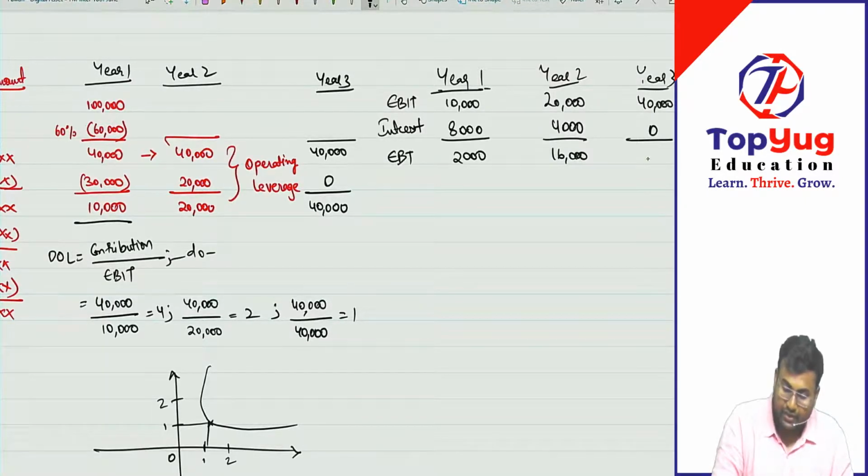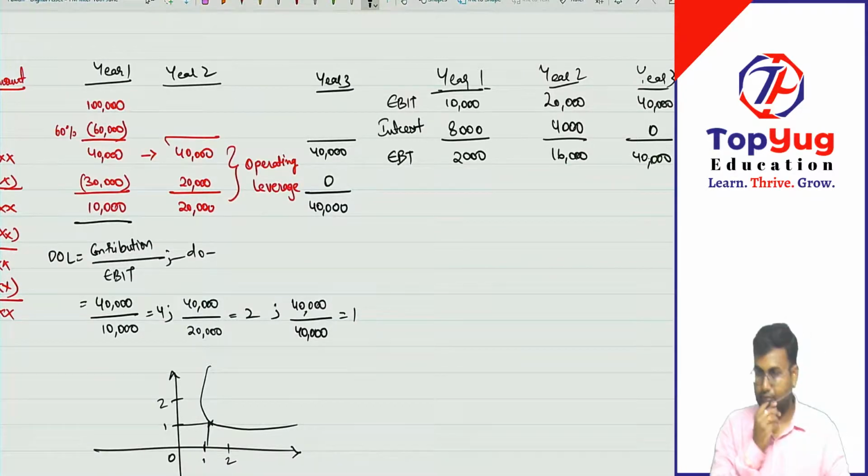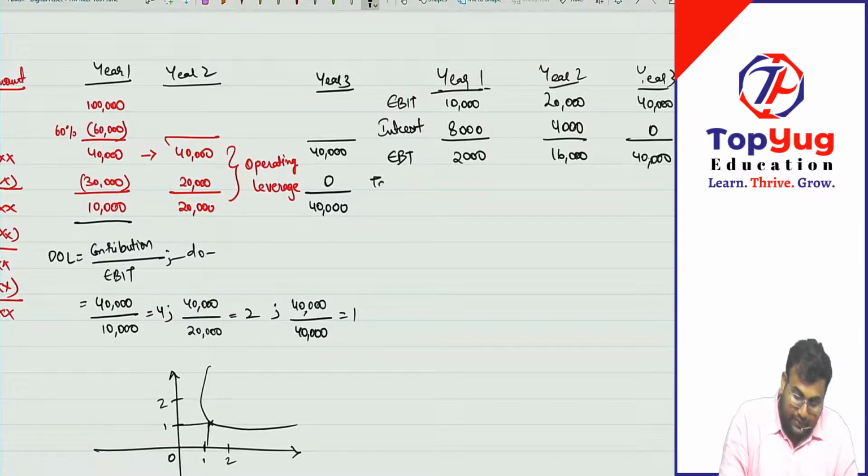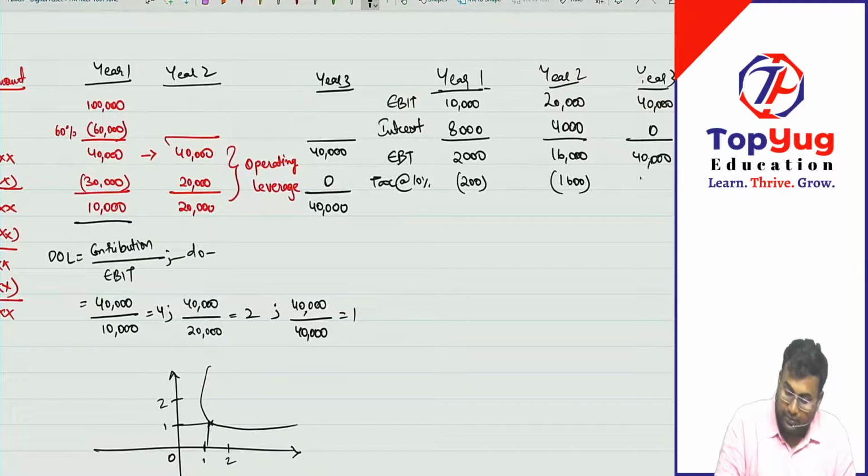Okay, so now we got an EBT of, suppose, 2,000, 16,000 and 40,000. Suppose, for example, tax is 10%. So 200 will go for tax, 1,600 will go for tax, 4,000 will go for tax here.